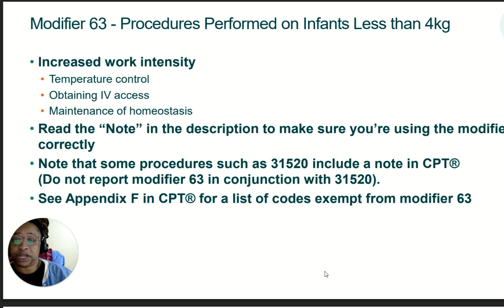Note that some procedures, such as 31520, include a note in the CPT: do not report modifier 63 in conjunction with this particular code. See Appendix F in the CPT for a list of codes exempt from using your 63 modifier. Always refer to your guidelines and conventions because it will help you make sure that you're doing the accuracy of billing.